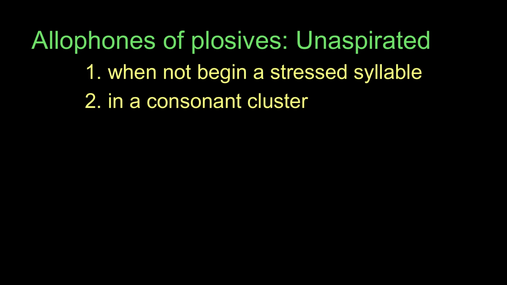Unaspirated. When voiceless plosives come in the middle or at the end of a word, and when they do not begin a stressed syllable, they are not aspirated. Also, when P, T, and K are in a consonant cluster after S, they are unaspirated. There is no puff of air when we say them.